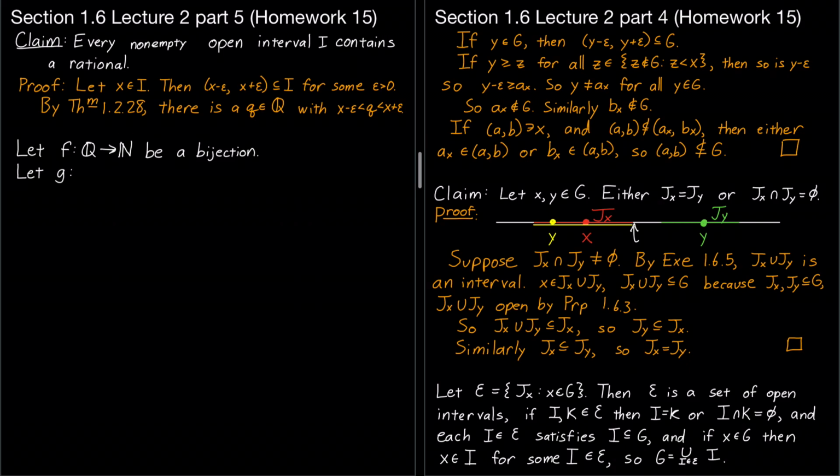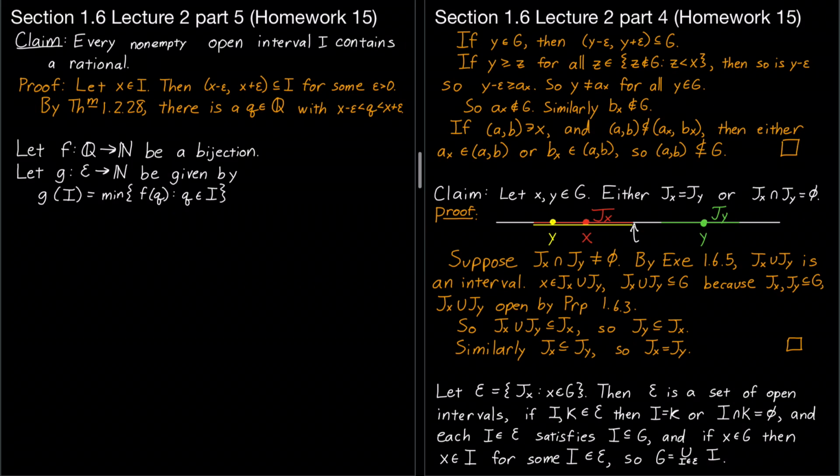Let's let g go from E to the natural numbers be as follows. We're going to say that g of I, that is g of an interval, is going to be the minimum, also an infimum, of f of q such that q is in I.